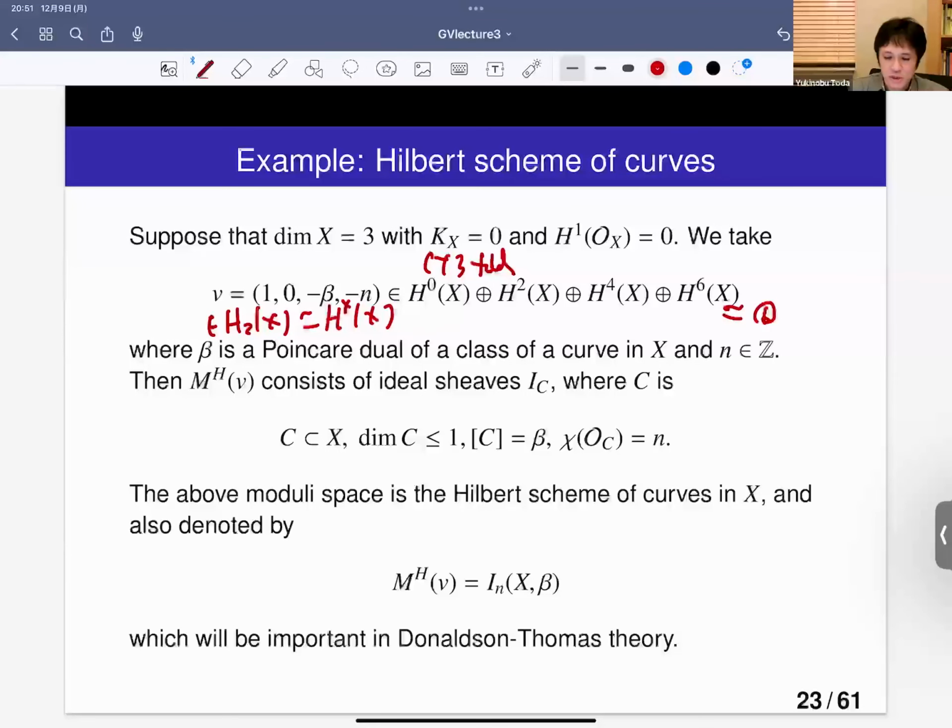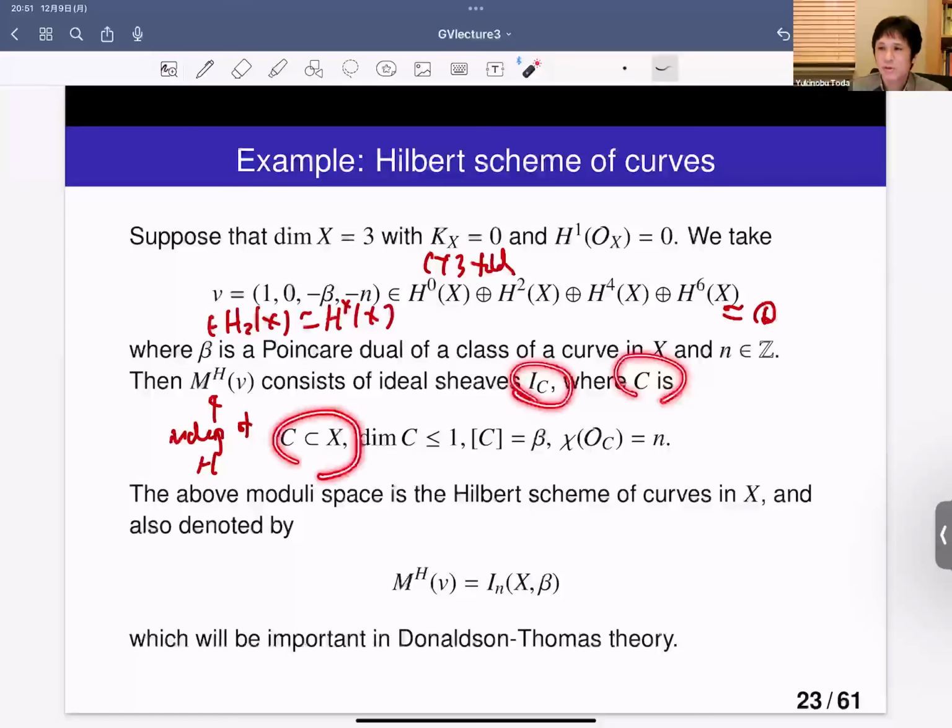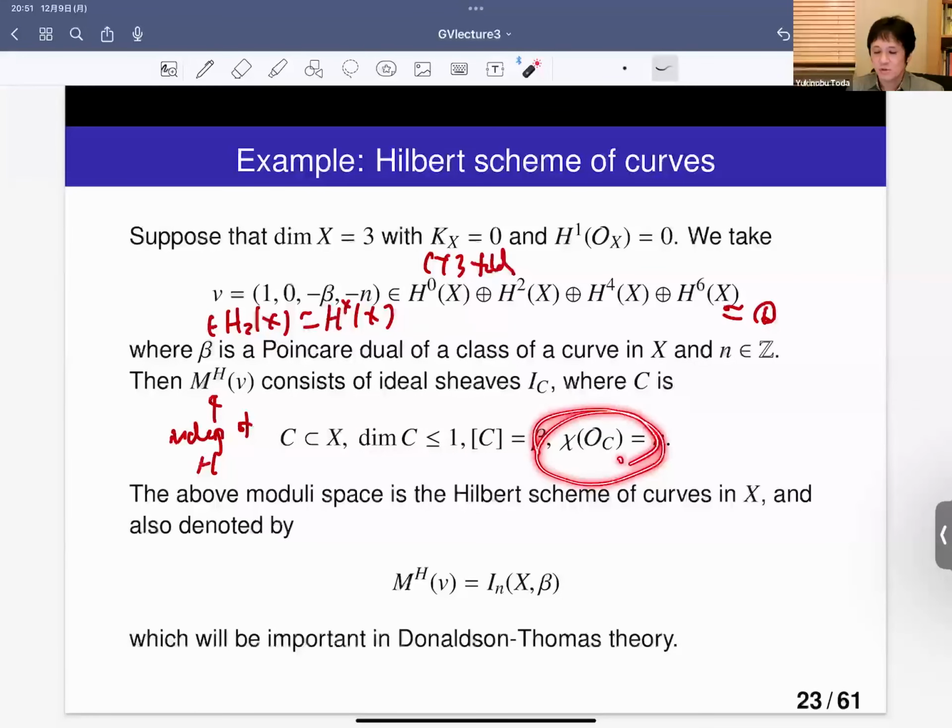So then the moduli space. In this case, it is very special that the moduli space is independent of the choice of H. And in fact, the moduli space consists of ideal sheaves I_C, where C is a closed subscheme of dimension less than or equal to 1, whose homology class equals beta, and whose Euler characteristic equals n.